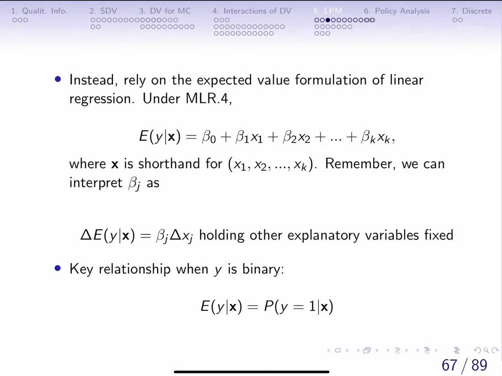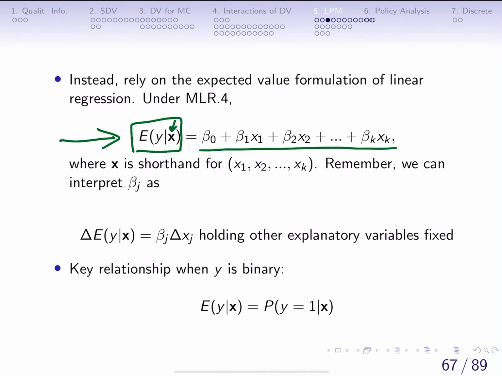Now remember that each time we are trying to predict the model, or we are trying to think about the expected value of y given x, we can write out our model in this form. So the expected value of y given x, and here the x in bold is representing all of your explanatory variables, x1 through xk, can be written in this form, right?